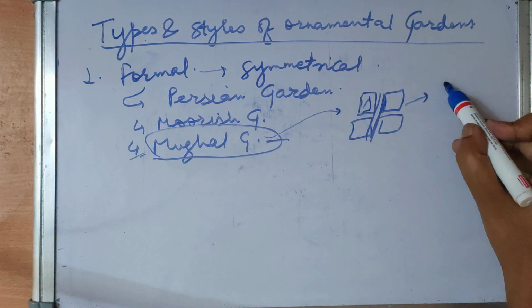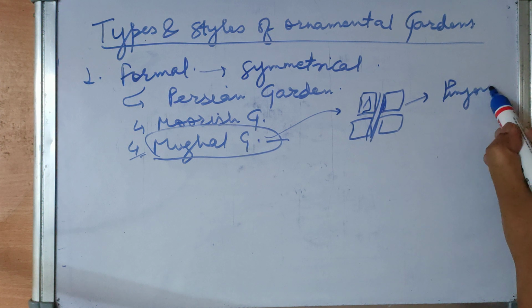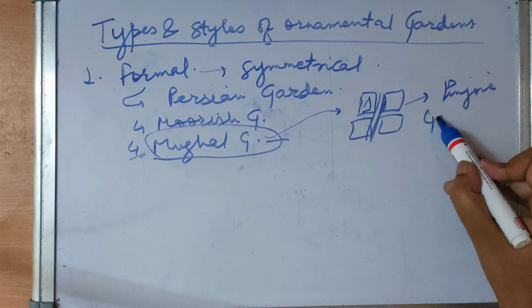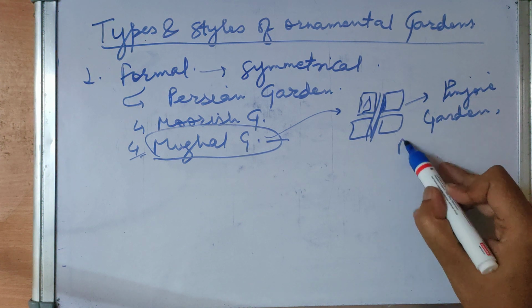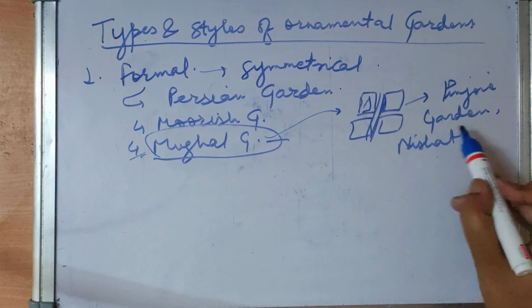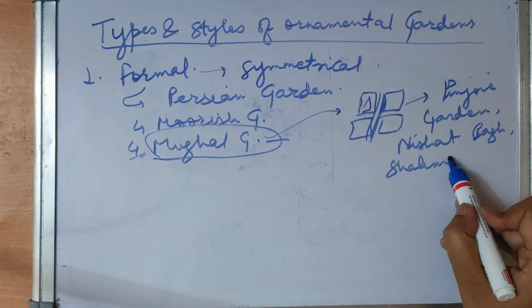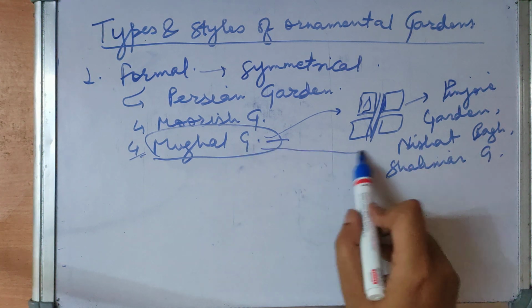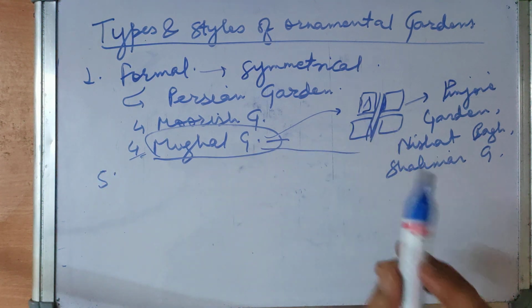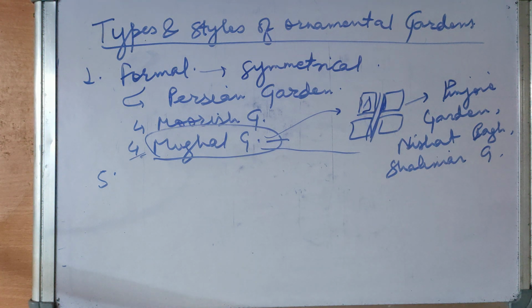Examples of some Mughal gardens are Pinjore Garden in Punjab, Nishat Bagh, I think in Kashmir, and Shalimar Gardens. So these are examples of Mughal gardens, with the Charbagh style, running water, arcs and domes. There is so much use of natural things.